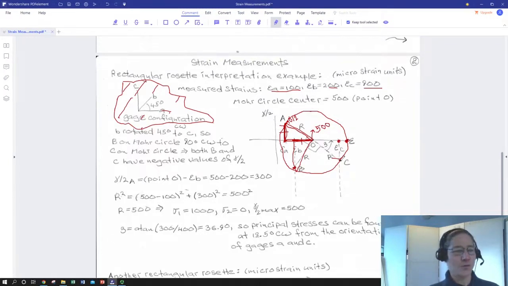So if we take point C, which was pointing straight up on our part, if we rotate angle beta counterclockwise from C, so that's one half beta on the part, and we point in this direction on the part by an amount beta over 2, that's going to be the place where the part stretches the most.